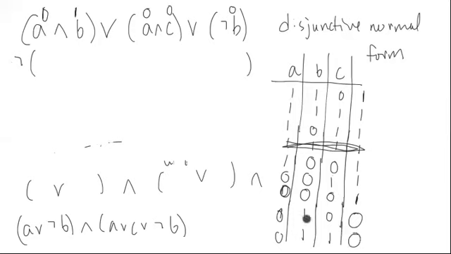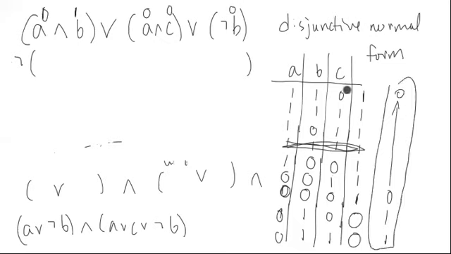Now, if we take the complement of this, let's take the complement of what we see here. Let's just think of this as being 1, 1, and the rest of these guys being zeros. That's like taking the complement of what we just had here, and we can actually read off the disjunctive normal form right from this.